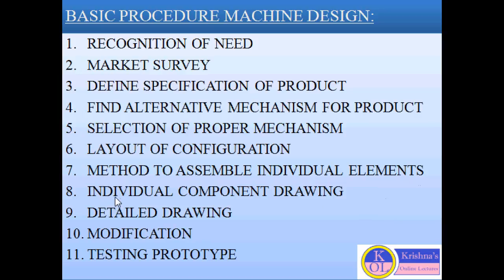Next step is individual component drawing. Then after this individual component drawing, the next step is detailed drawing. Then modification in drawing. Then prototype testing. So I will explain these steps one by one in the next slides.